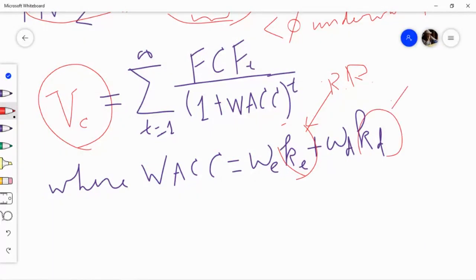And cost of debt is the bond yield, right? Now think about it. Because free cash flow belongs to both parties or both capital providers, right? You cannot discount it only by this or by only this. Make sense?